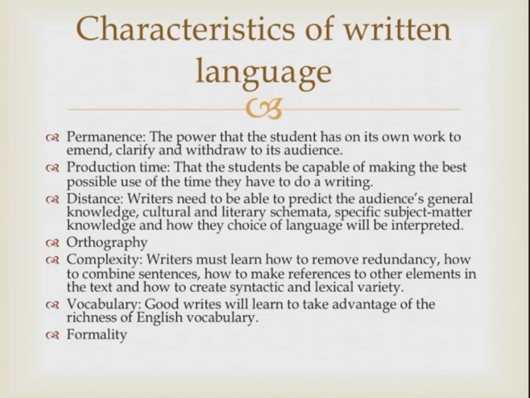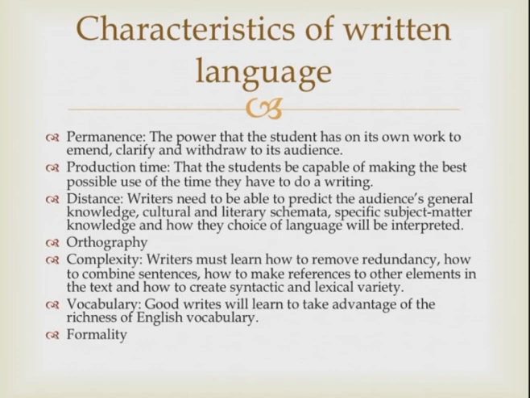Writing language has some characteristics. These are permanence, the power that the student has on its own work to amend, clarify, and withdraw to its audience. Production time, that the students be capable of making the best possible use of the time they have to do a writing. Distance, writers need to be capable to predict the audience's general knowledge, cultural and literary schemata.